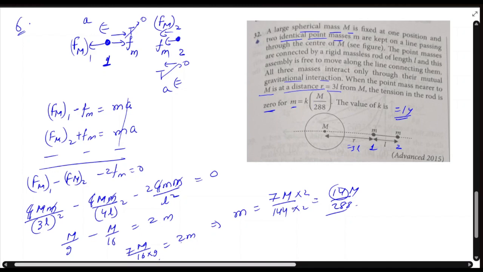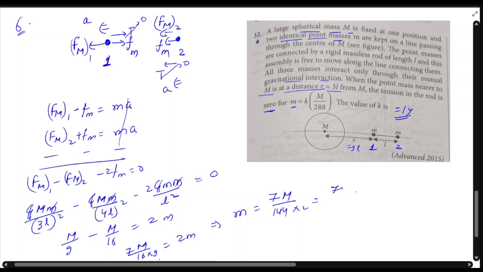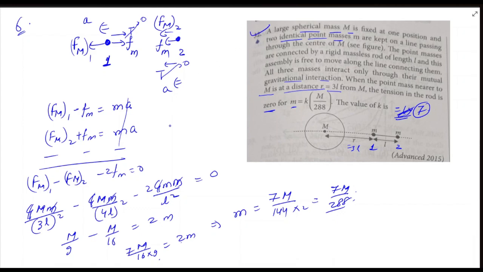Okay, okay, 2 we have to divide. So we don't need to multiply it actually. So we'll have simply 7M by 288. So k will be 7. Okay. So it was an easy question.